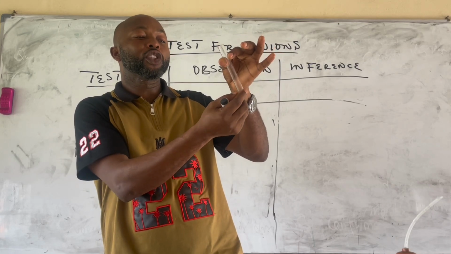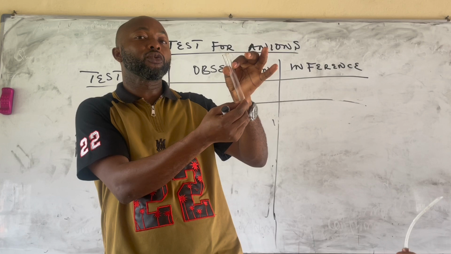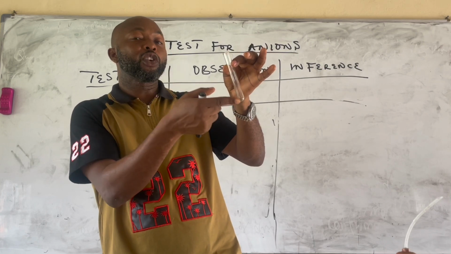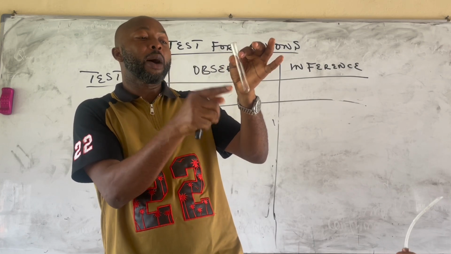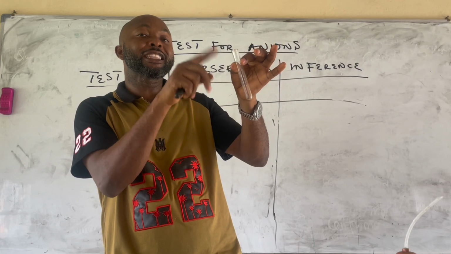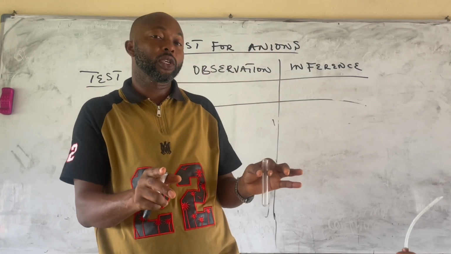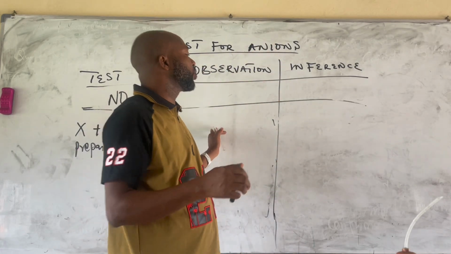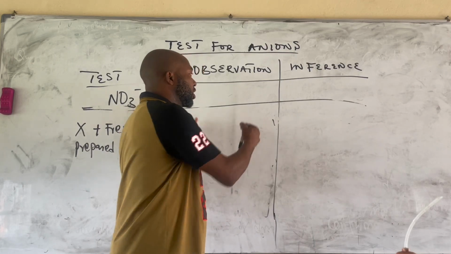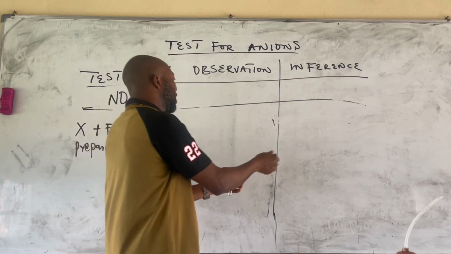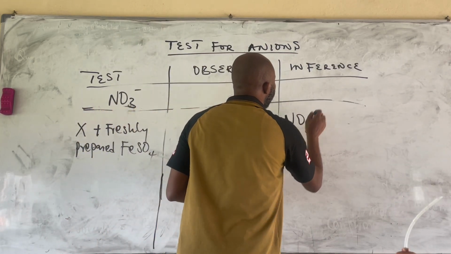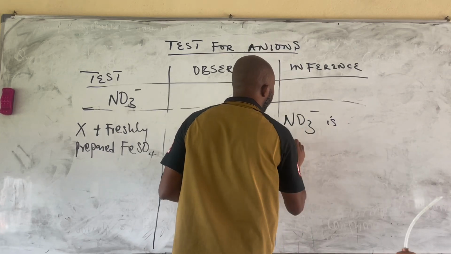That brown ring will be formed between the interface of the two solutions. And when that happens, that is the observation. We say a brown ring is formed at the junction of the two solutions, and we say NO3 minus is confirmed.